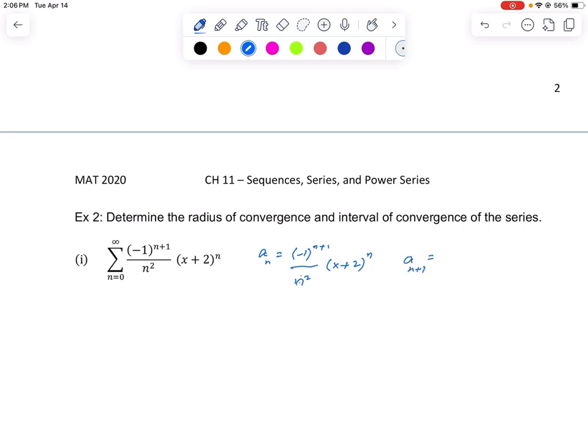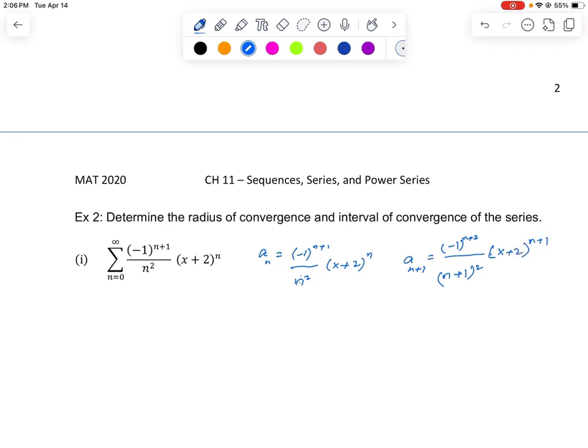a_(n+1) will be negative 1 to the n plus 2, divided by n plus 1 whole squared, times x plus 2 raised to the n plus 1.